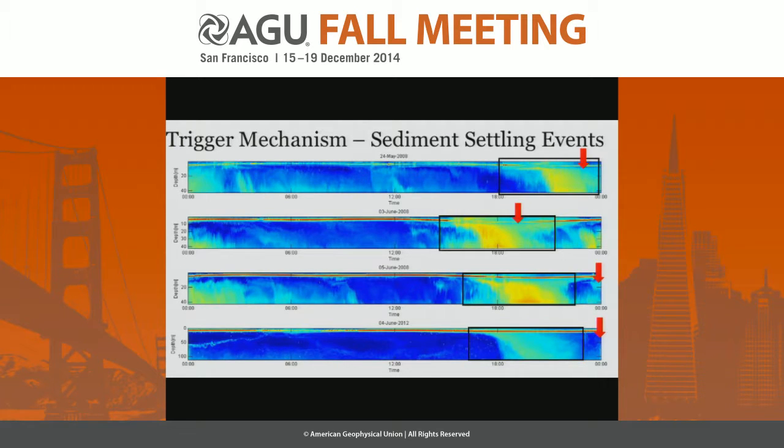So here we have a time series of the ADCP backscatter, and the top 3 are 2008 at 40 meters depth, and the bottom is 2012 at 110 meters depth. In a time series, this is the water column passing over the sensor.